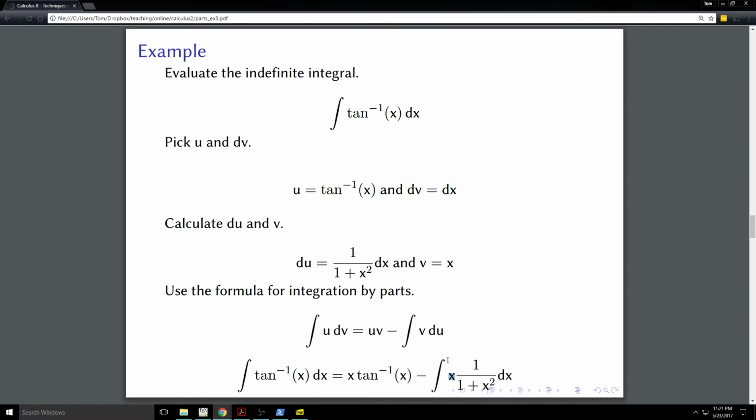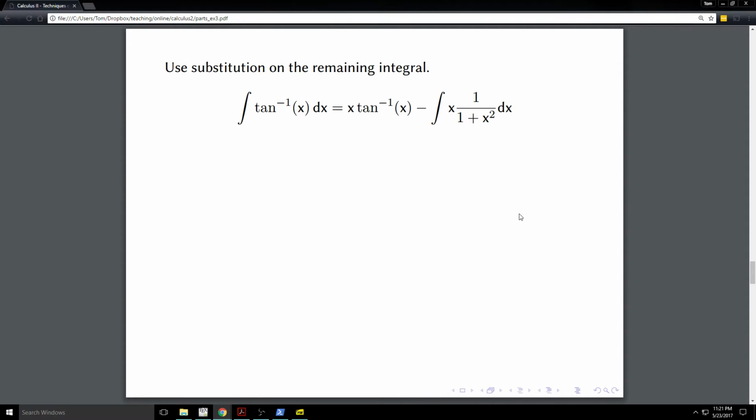Okay, and now we just need to complete this integral to complete the problem. Looking at this integral, it winds up to be a rational function, right? We have on the bottom 1 plus x squared, and on the top x. And so what those tend to be are just plain substitutions, where u is the bottom part here.